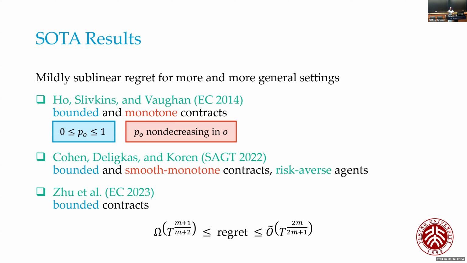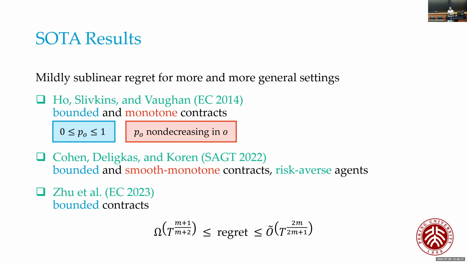But actually, we can look into these regrets. They tend to be linear as the outcome space grows. What does it mean? It means that if I want to achieve an epsilon approximately optimal contract in the online learning model, I need to interact with the agent an exponential number of times.